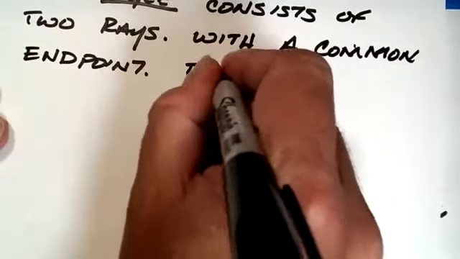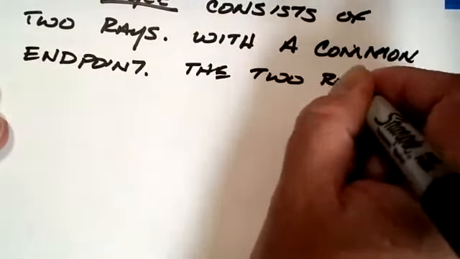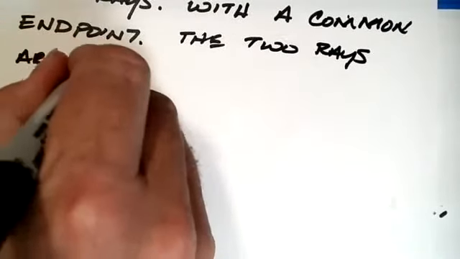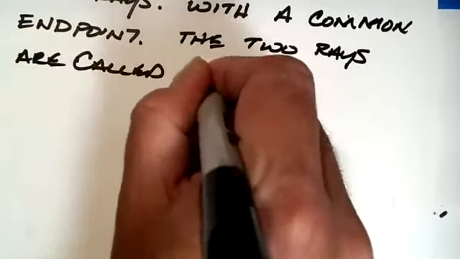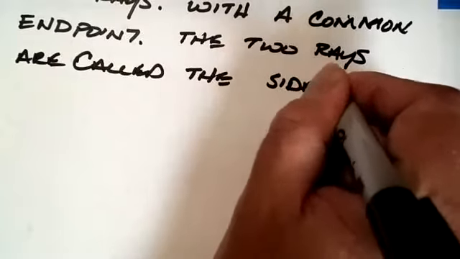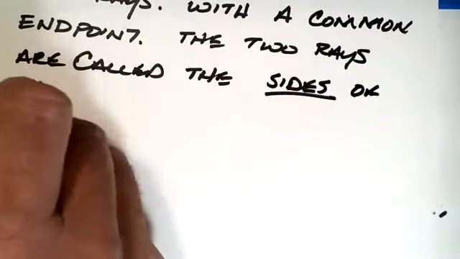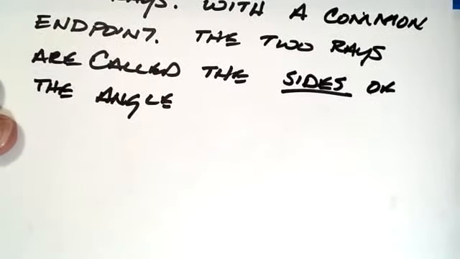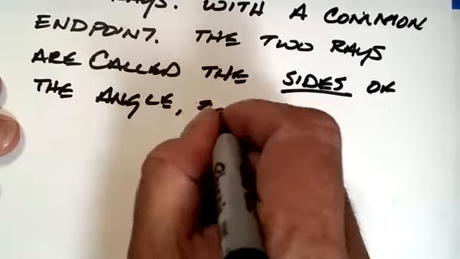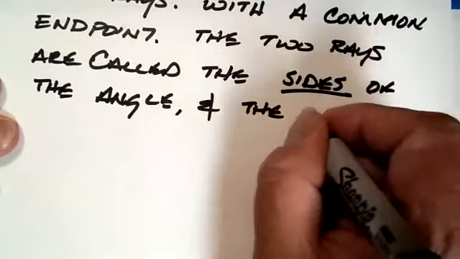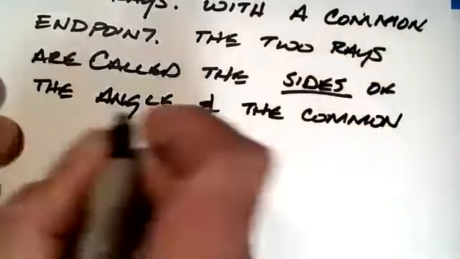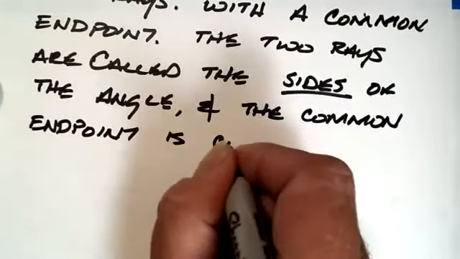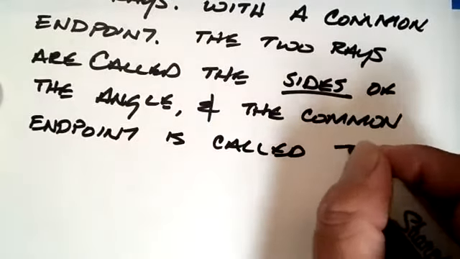The two rays are called the sides of the angle. And the common endpoint is called the vertex.